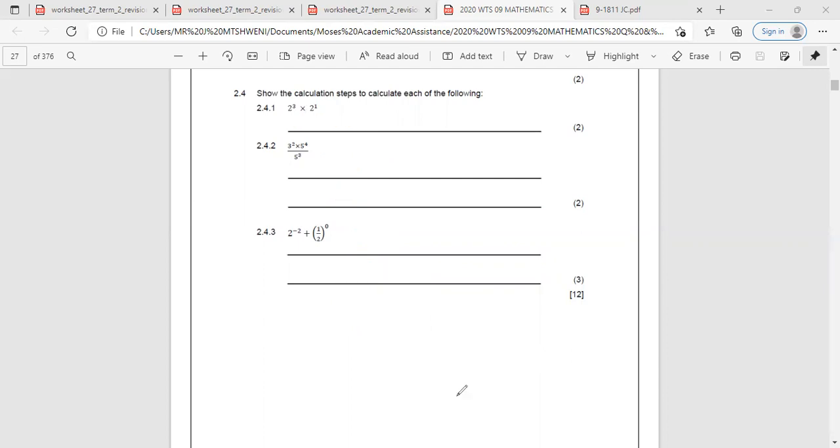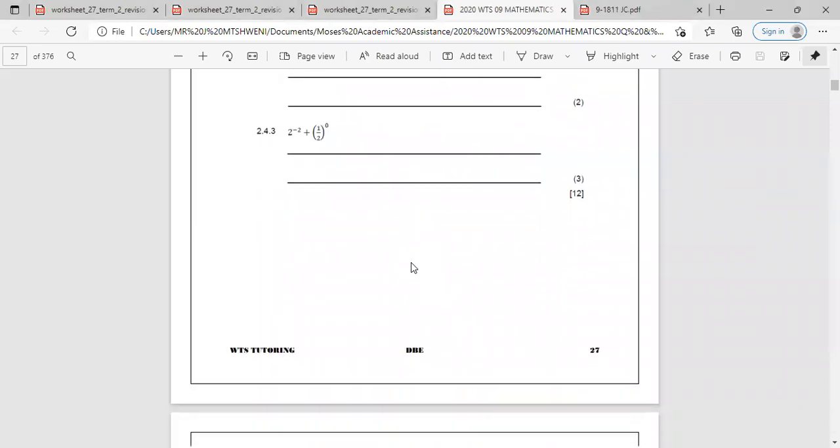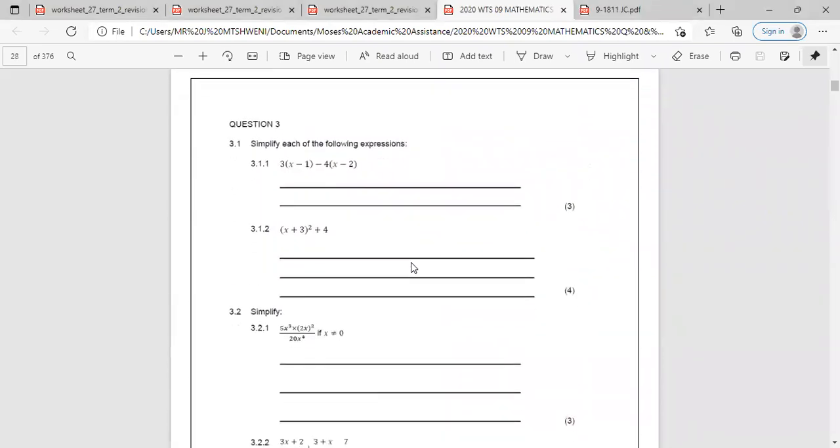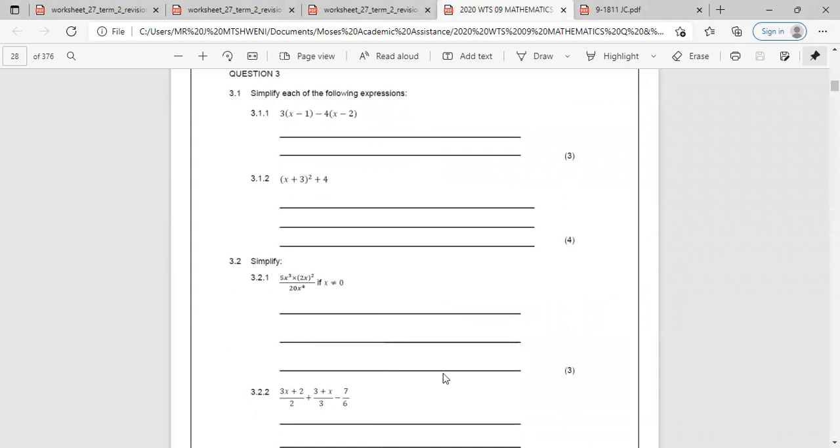Okay, let us go to the next one. This times that is 3x. This times that is negative 3. Negative 4 times x, I get negative 4x.